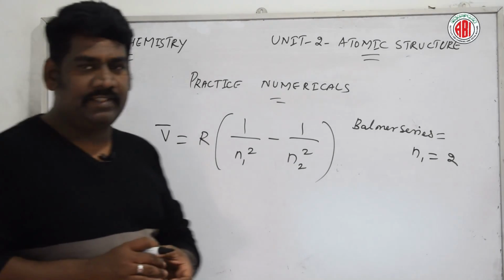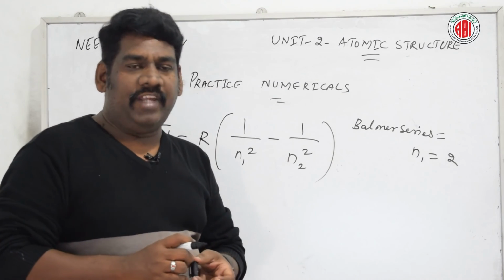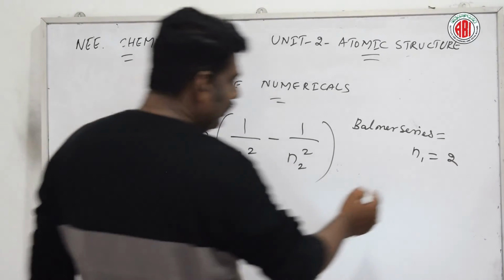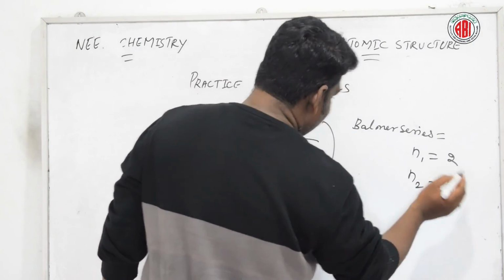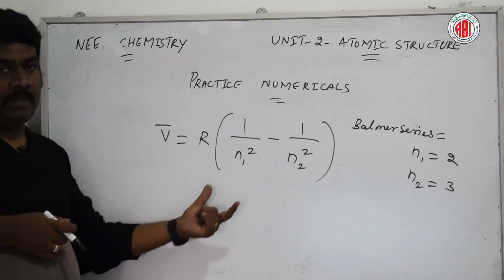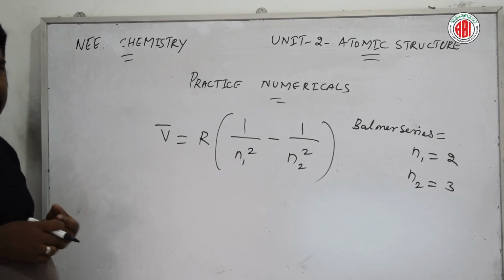For the longest wavelength, the wave number should be minimum, so the n2 value is 3. Now applying these values, let us find the answer.